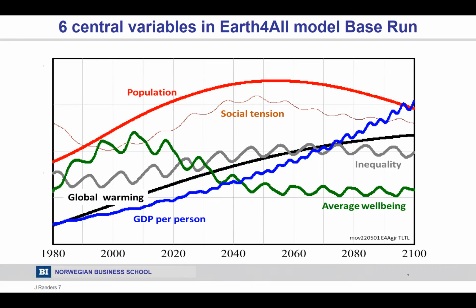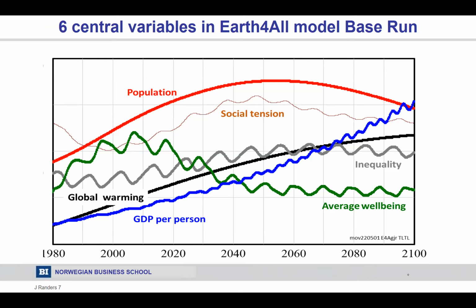The main answer why I believe this can be done, and my colleagues believe that this can be done, is that we have found in data and in the qualitative history of the past surprisingly stable relationships between human behavior and the GDP per person in the society that they are living in.